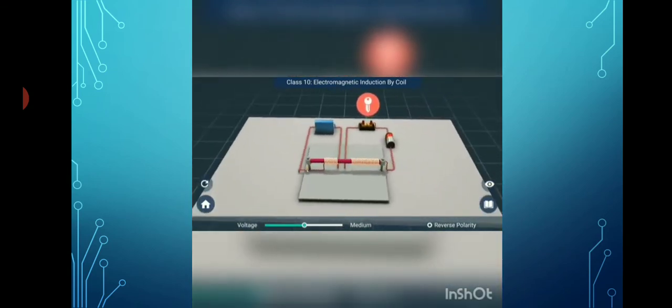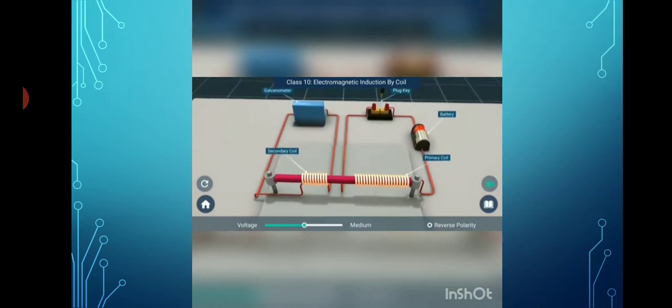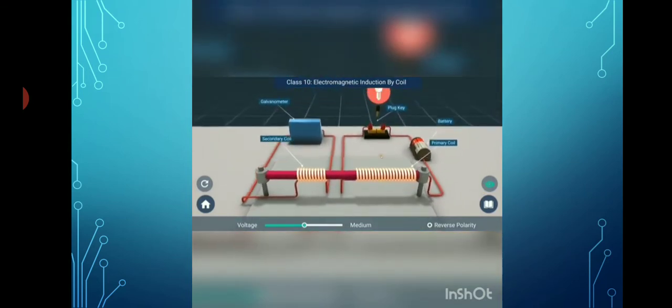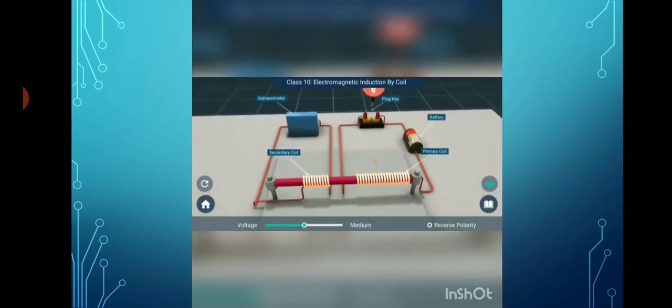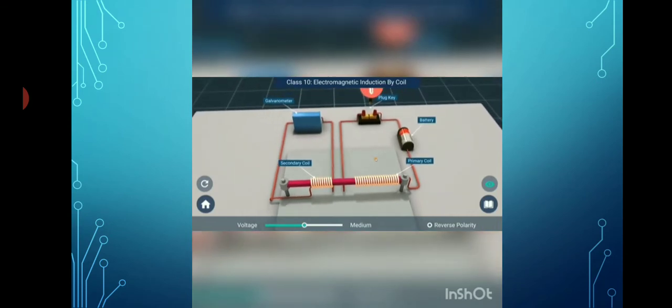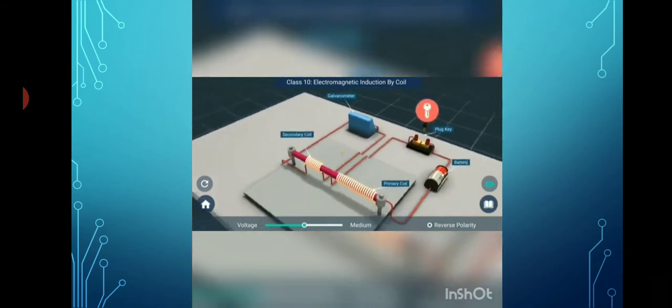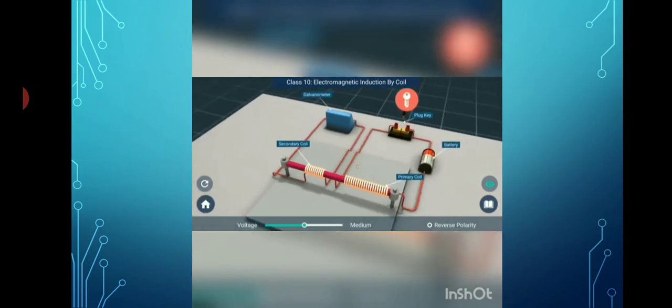Okay, here coil 1 has a large number of turns and coil 2 has fewer turns, and it is called the secondary coil. So what is the primary coil? The primary coil is coil 1, having a large number of turns, and that behaves like a magnet.